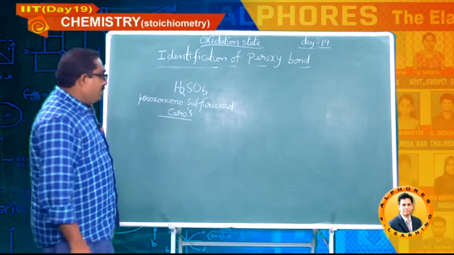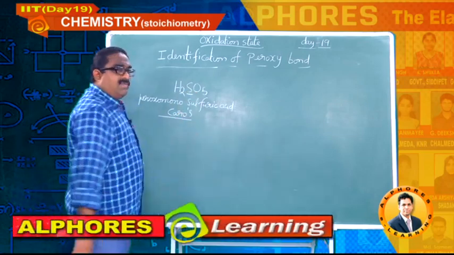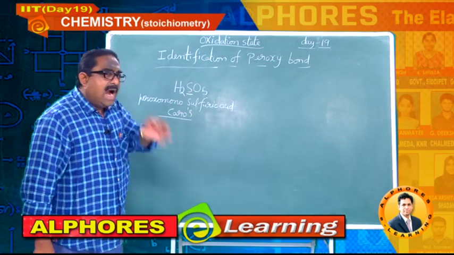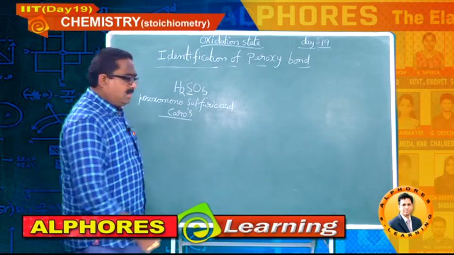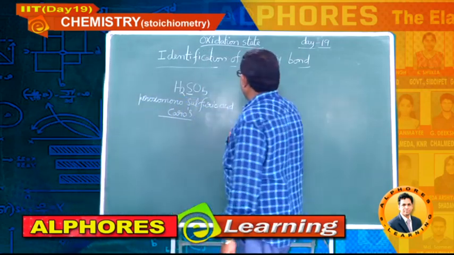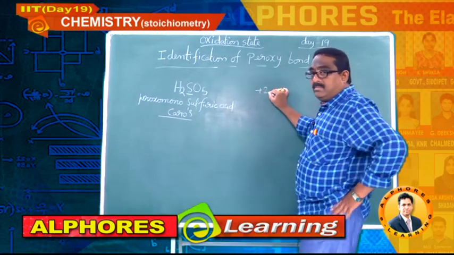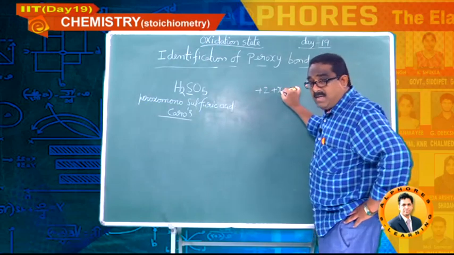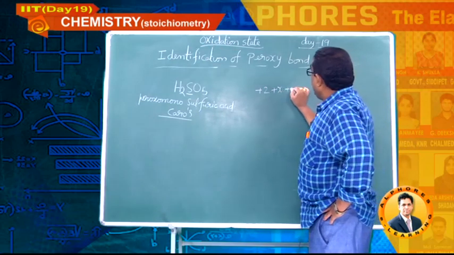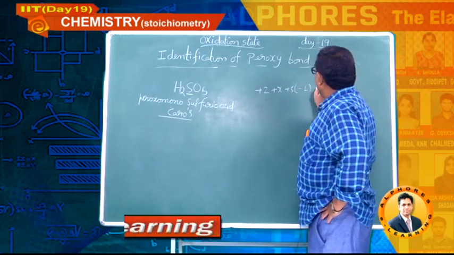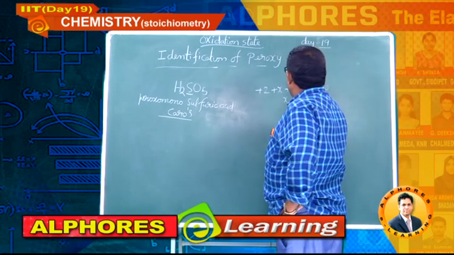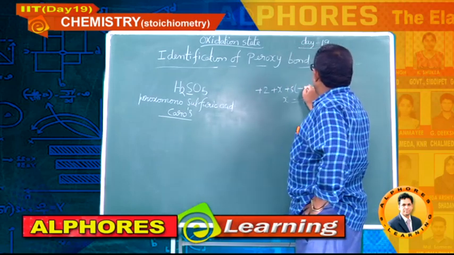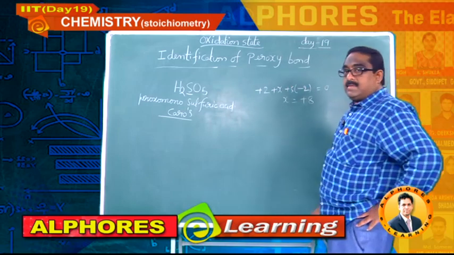Now let me calculate the oxidation state of sulfur blindly according to our rules. 2 hydrogens are there, +2. Sulfur +X and 5 oxygens are there, 5 into -2 equals 0. X you will get as +8.